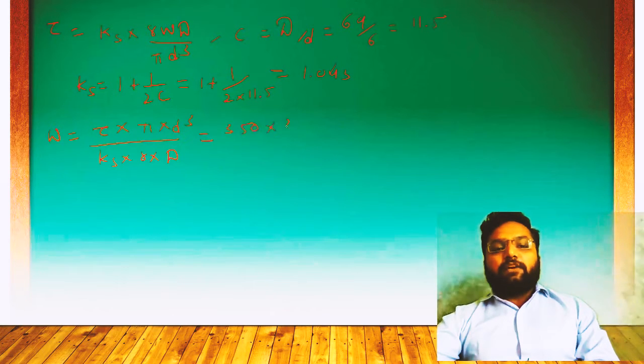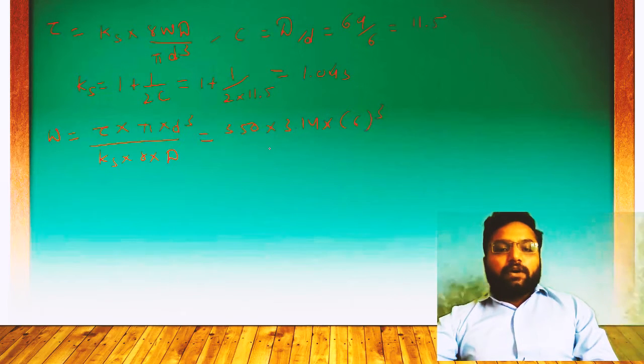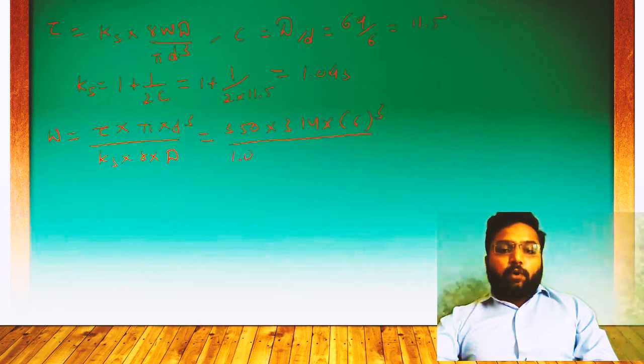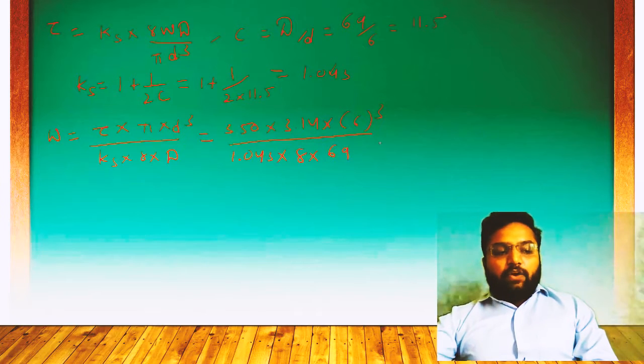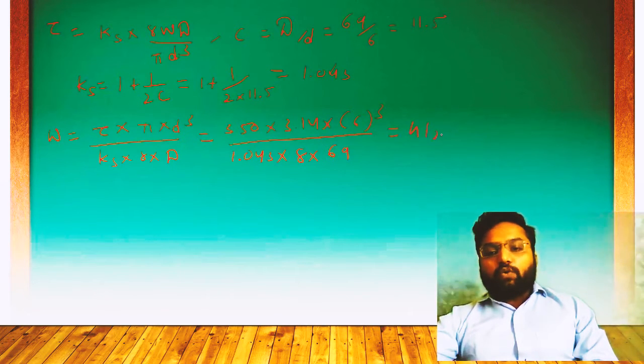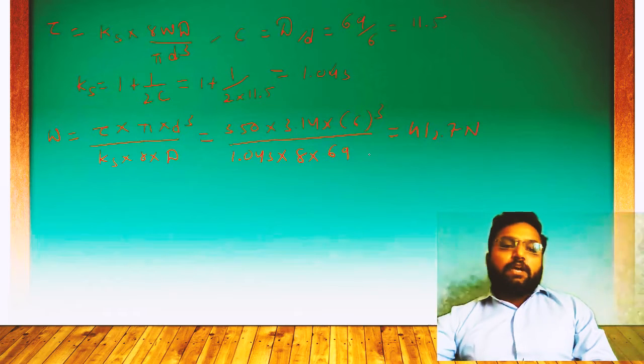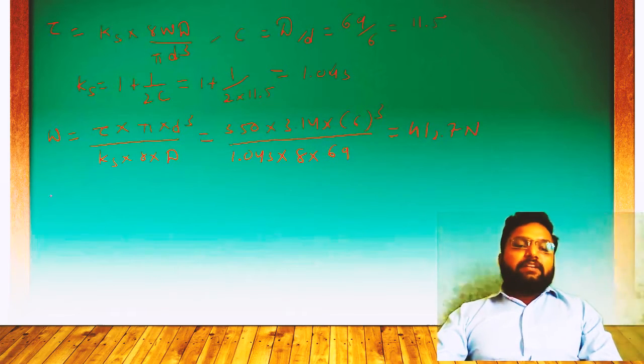This is 350 into 3.14 into 6 cube, divided by Ks, which is 1.043, into 8 into D, which is 69. The value we find will be 412.7 newtons. So this is our load in newtons. Clear? I hope you got this point about load.